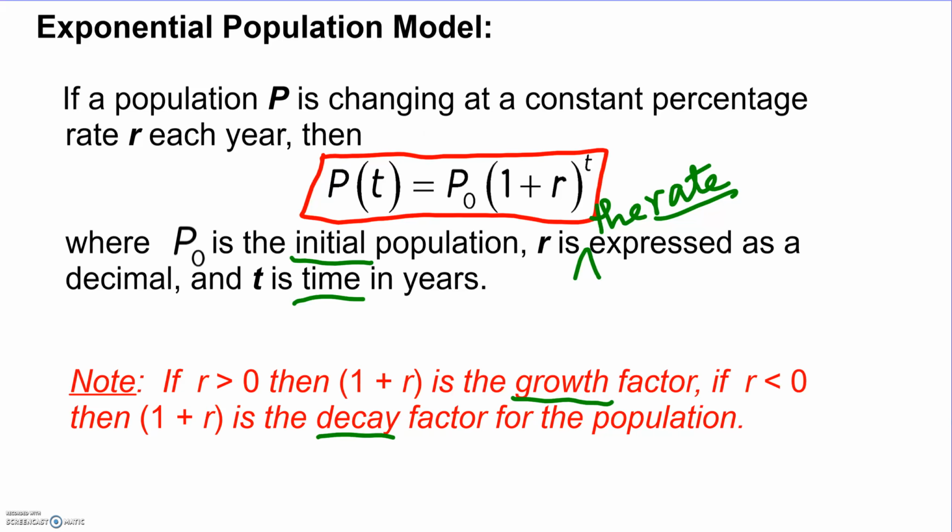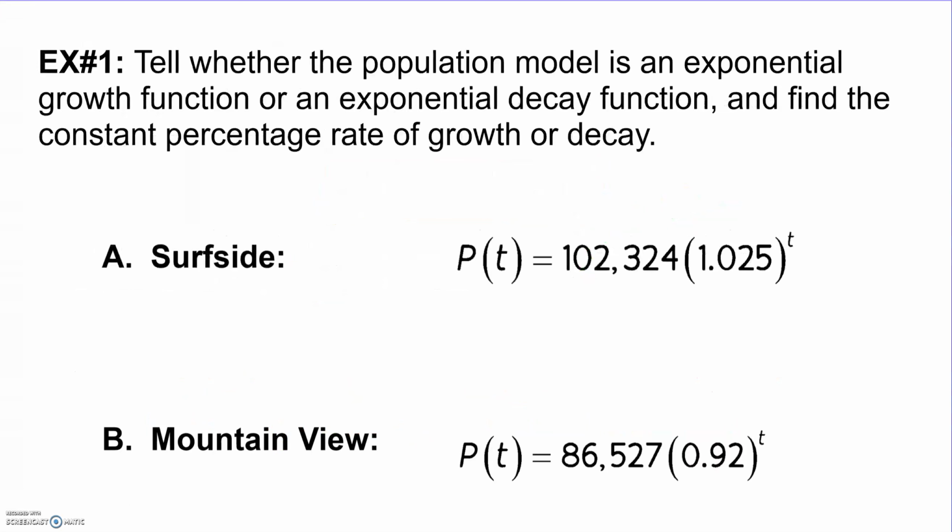So first, we just have some simple examples here. Let me get to my next page. There we go. It says, tell whether the population model is exponential growth or exponential decay, and find the constant percentage rate of growth or decay.